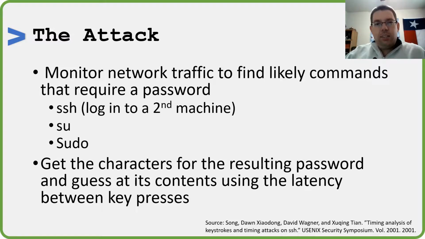And from that, as we'll see as we go along, you're able to make a pretty good guess as to at least which types of characters you're typing, so you can really narrow down the possibilities of what the user is typing based on how long it takes them to go from one letter to the next.